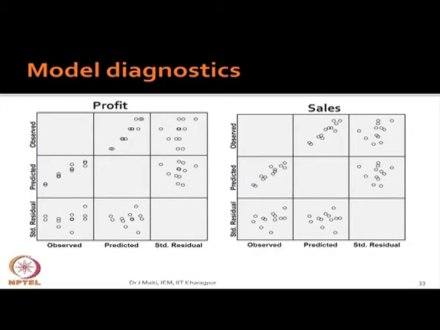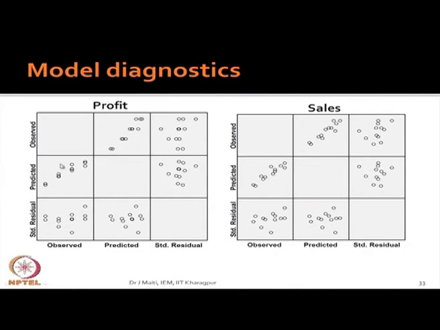Once you accept this, you have to go for diagnostics similar to your MLR. This diagnostics is required, and almost all the software give you these types of plots. These plots are basically residual plots. Okay. Now, see the residual plots. Observed versus predicted should be a straight line, linear.